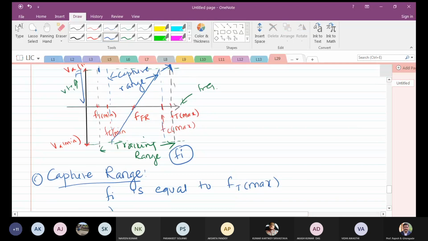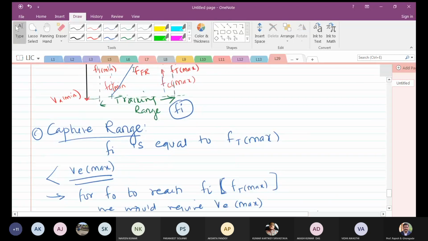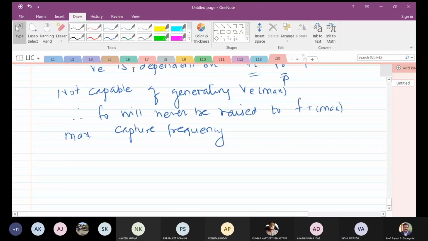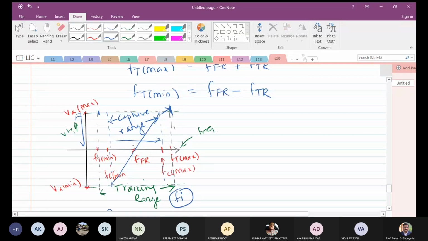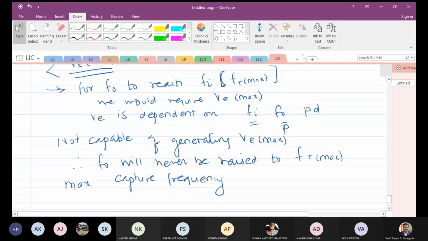Have you understood the difference between the capture range and the tracking range? Whenever your signal is within these limits, there will be the lock. But once it is locked, it will track for this entire tracking range. But initially, in order to have a lock, the signals have to be in the capture range of the PLL. This is a very, very important concept.